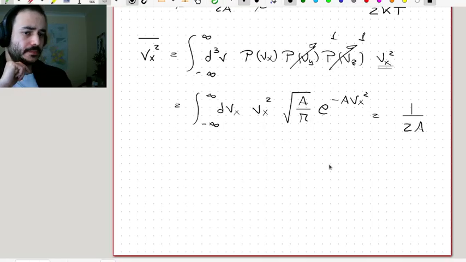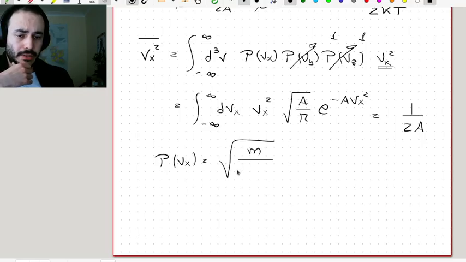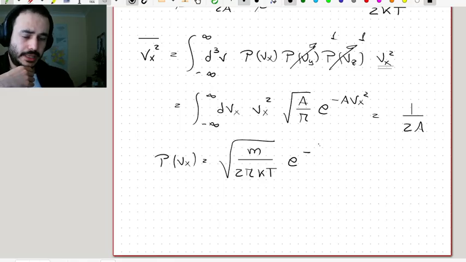So finally we have everything we needed, because this probability distribution is now m divided by 2 pi kT, to the power of 1/2, e to the minus, and then a again, which is the mass divided by 2kT, of vx squared.